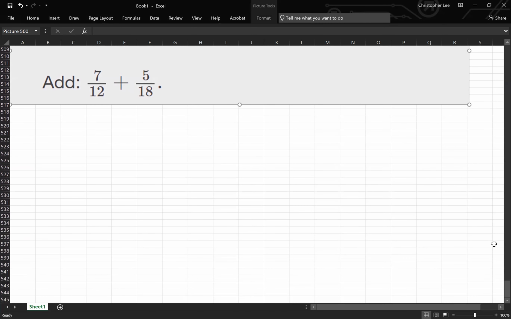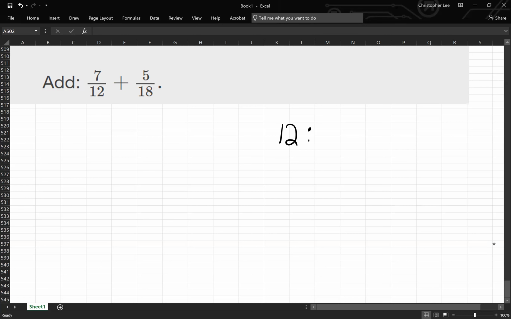So I have 12 and I have 18. Now, let's say that we had trouble finding the LCD, even though 12 and 18 is kind of simple. Here's a way that you could find it: take the prime factorization of each one. So 12 we know is what?